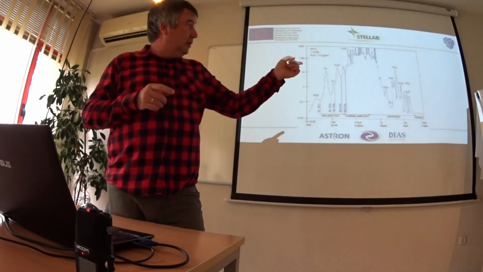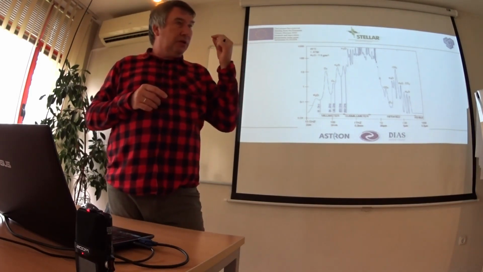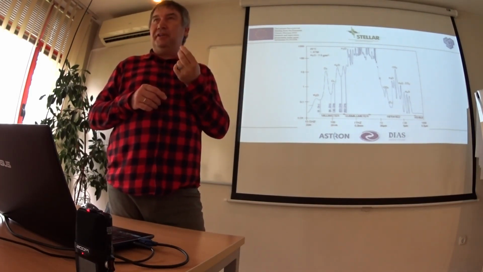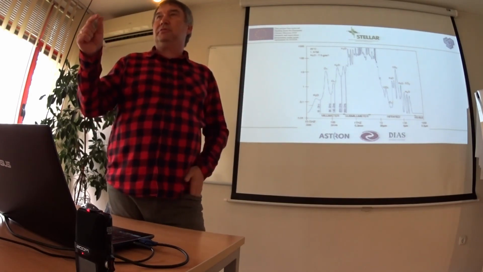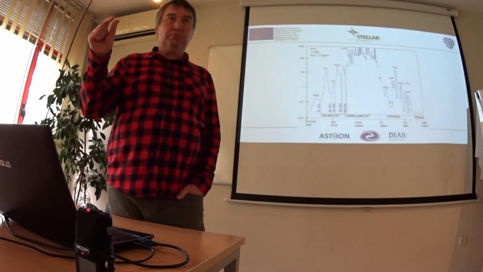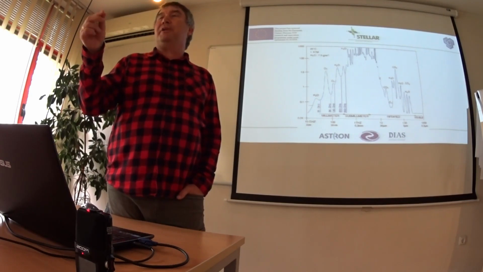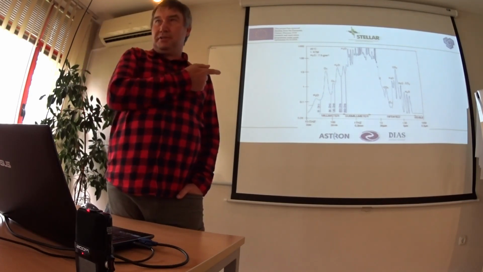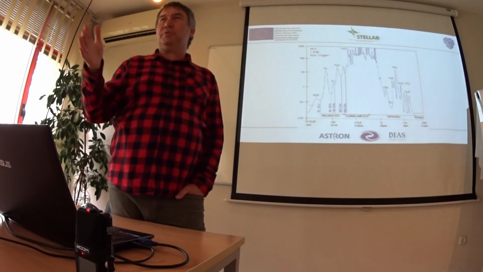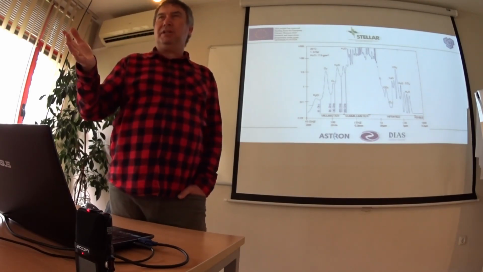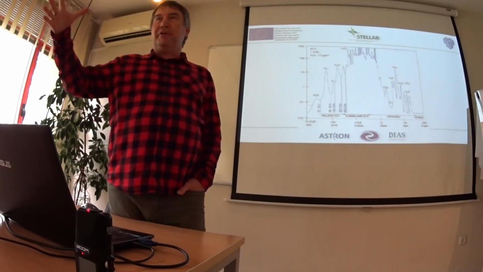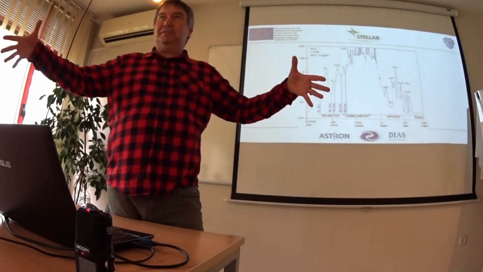For example, if our eye active area is, for example, 1 square millimeter, if we compare this with wavelength of visible light, it is a very big antenna.